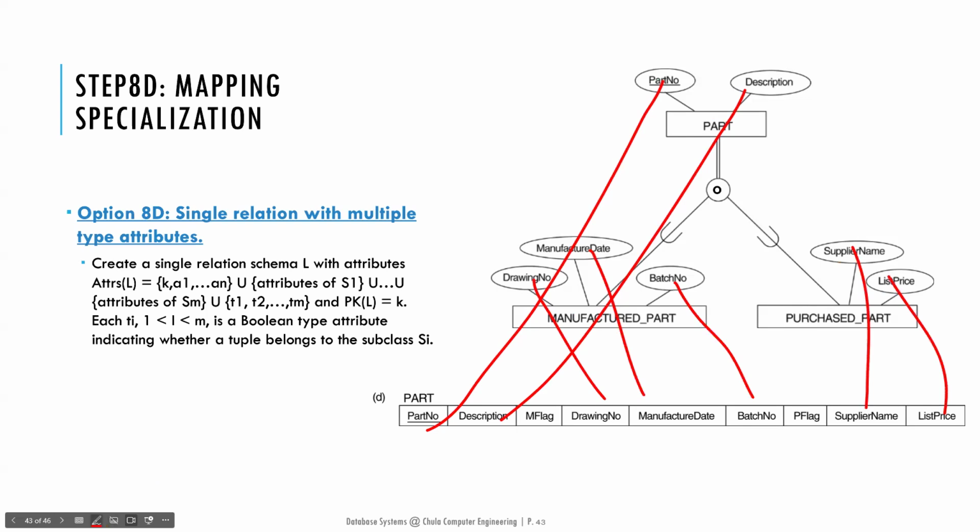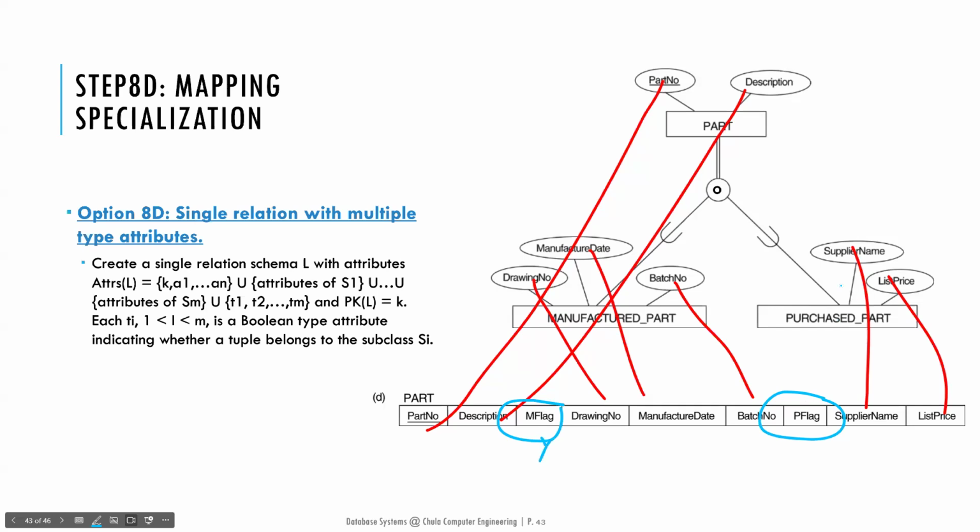But you will probably notice that there is something different. You can see that these two particular attributes are extra ones that just happen here, right? So to do this, if this part is a manufactured part, the M flag would be yes.